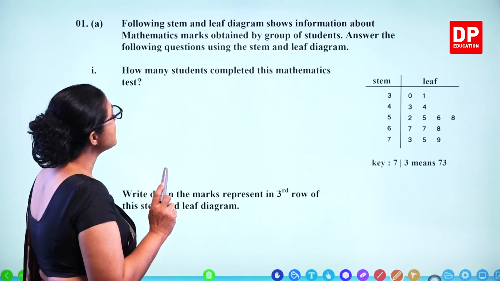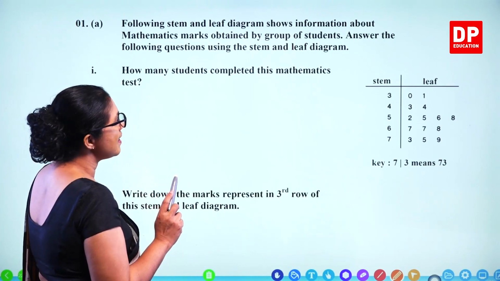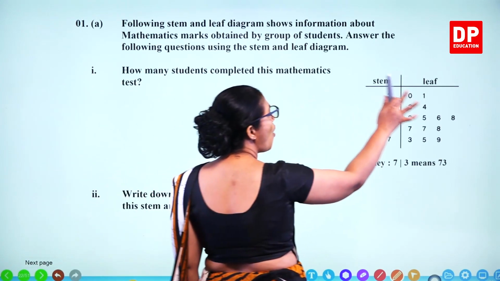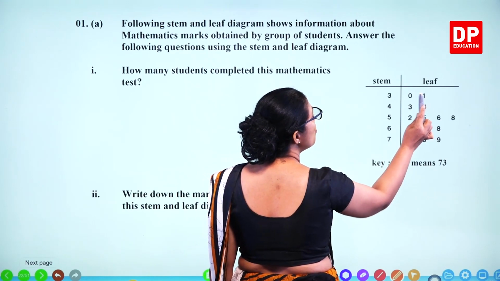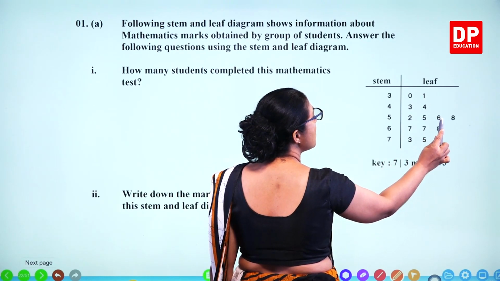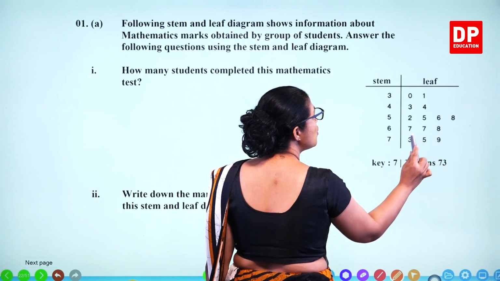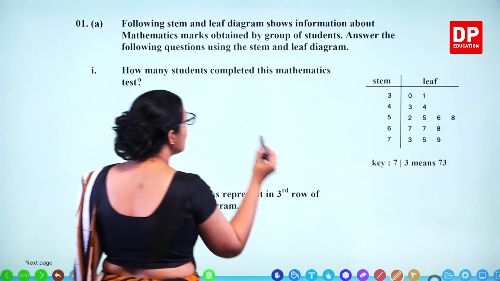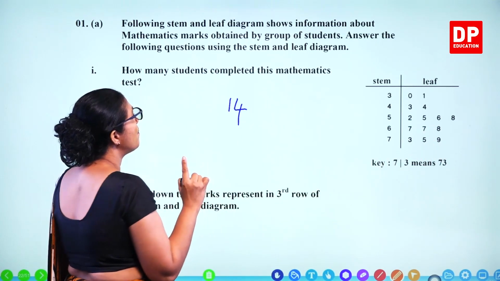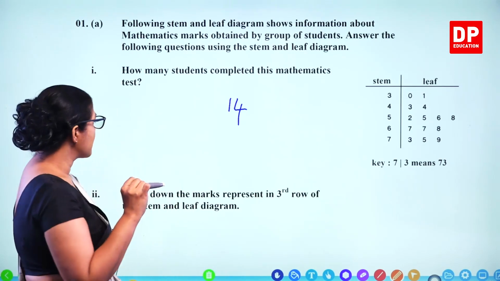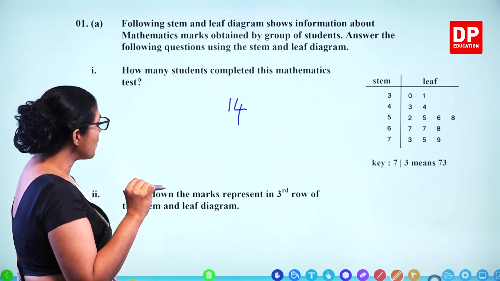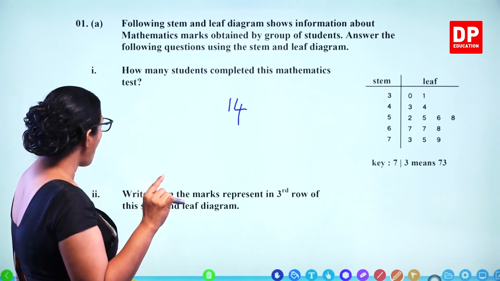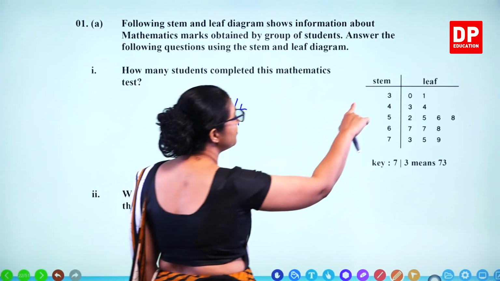How many students completed this mathematics test? So we have to count how many altogether. 1, 2, 3, 4, 5, 6, 7, 8, 9, 10, 11, 12, 13, 14. So 14 students completed this mathematics test. Write down the marks represented in the third row of this stem and leaf diagram.